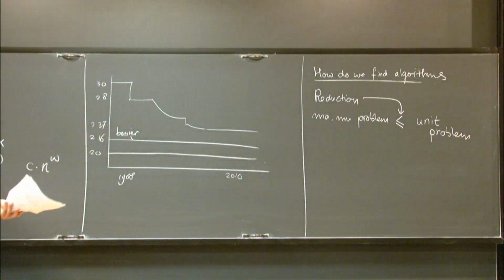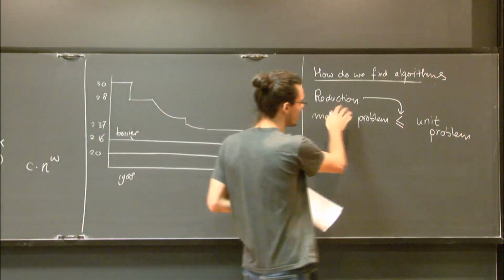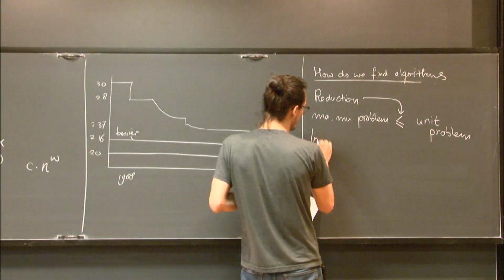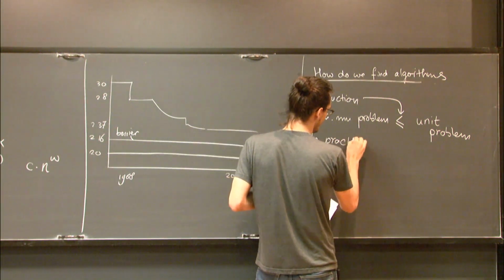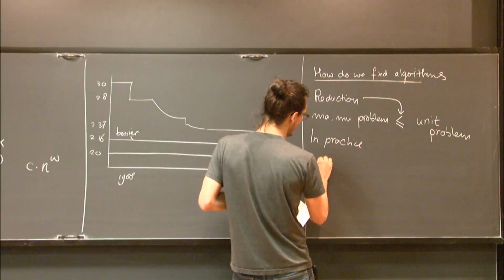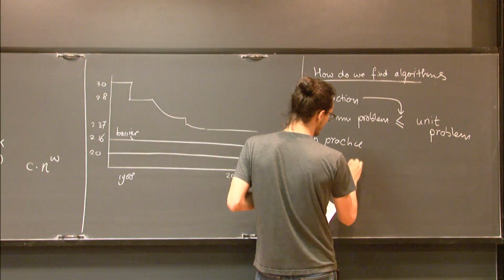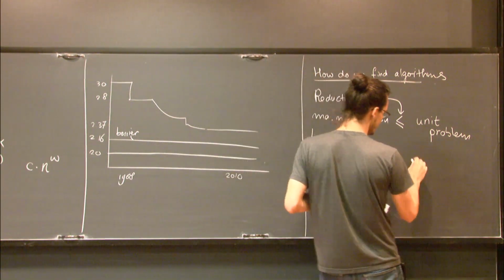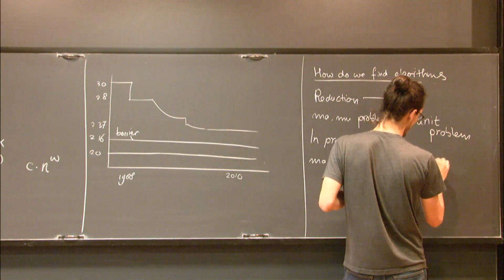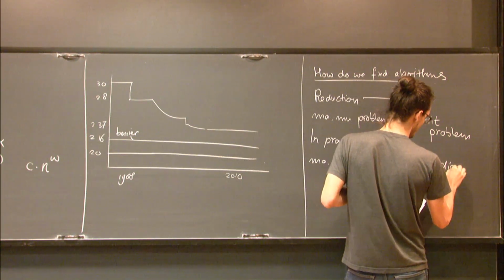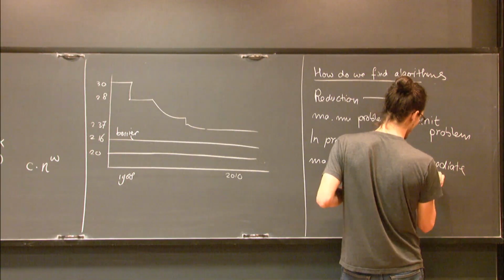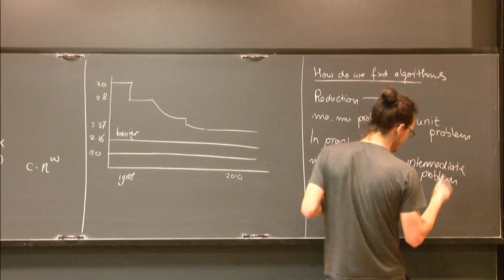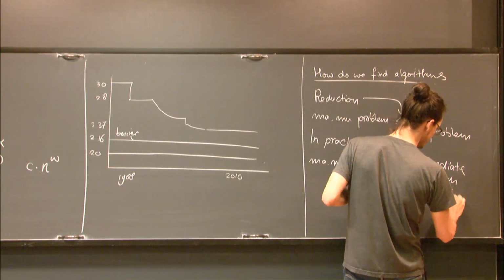The point is that in practice, instead of doing a direct reduction like this, we do a reduction first to some intermediate problem. And then we reduce the intermediate problem to this unit problem, whatever that is.